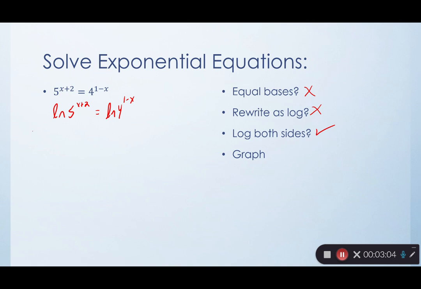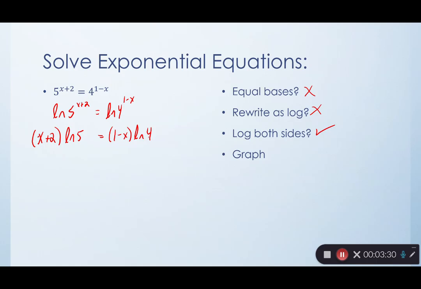Then we're going to use our power rule or power property on both sides. So I'm going to bring that x plus 2 down around front. And to me, this feels like when we were finding the inverse function of a rational function. So we're going to say ln of 5 is just a number, ln of 4 is just a number.